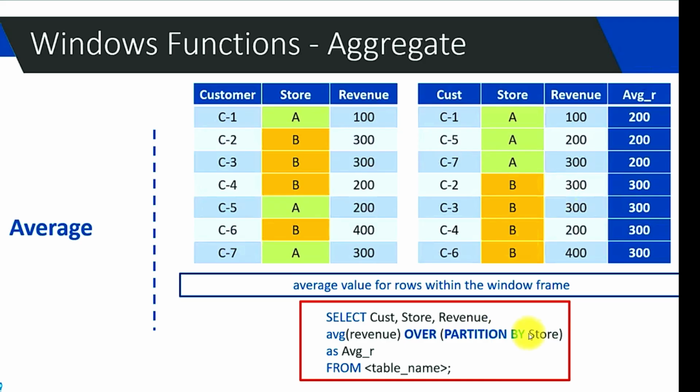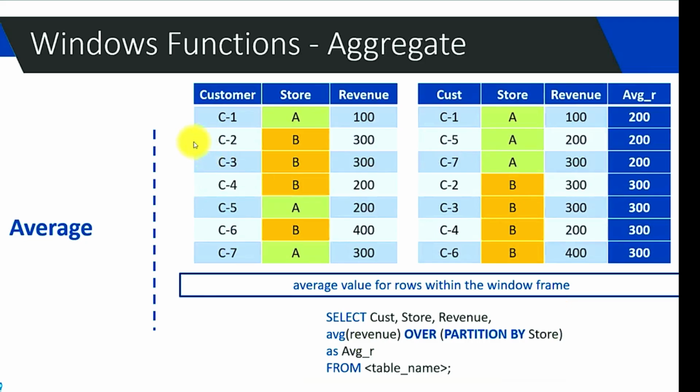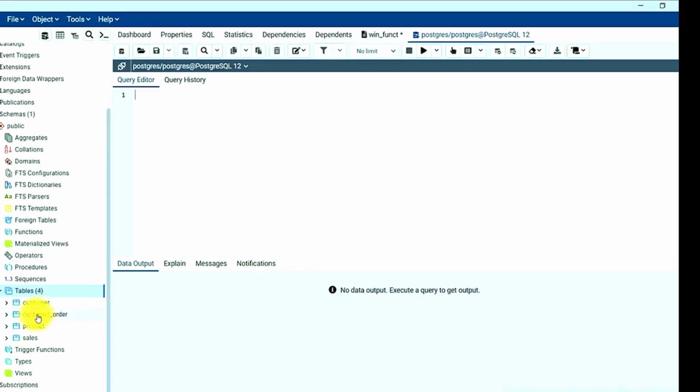So in partition by, you have to select the groups on which you want the average to be calculated. So again, only 2 columns are required. The first column is the one on which you want to calculate the average value, and the second column, which we are going to use in partition by, is the group in which you want to calculate the average value. So now let's calculate the average revenue of each state in our database.